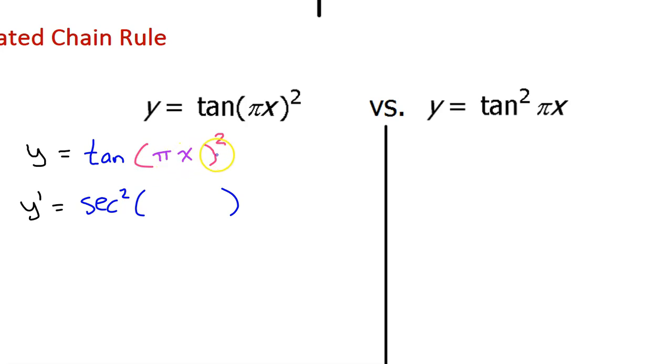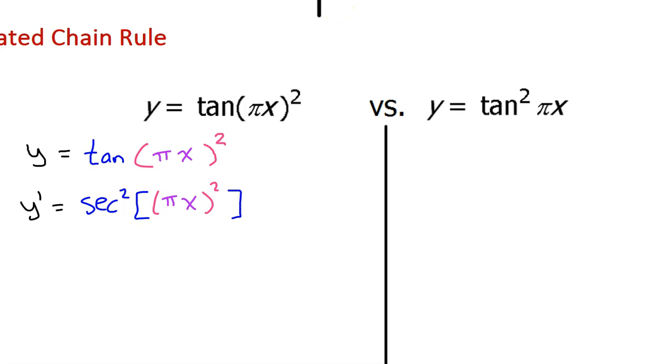We keep what's inside the same. I don't like to put parentheses inside of parentheses, so I'm going to use brackets. This is just me. You can just use 2 sets of parentheses. Anyways, we have secant squared, and then inside of that the inside part hasn't changed yet.